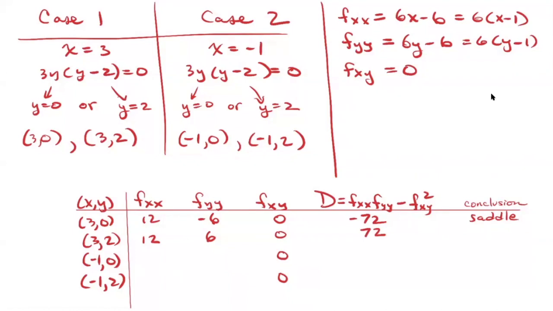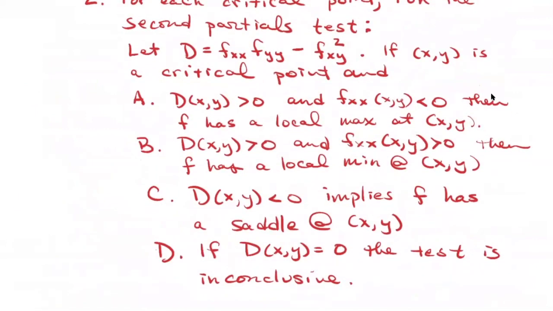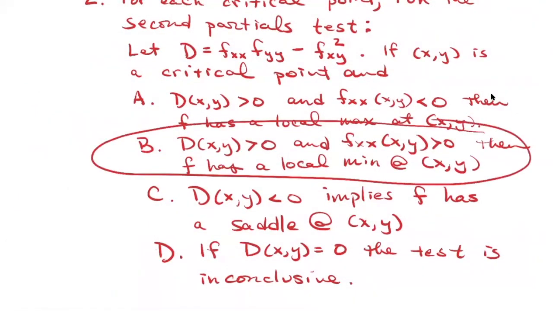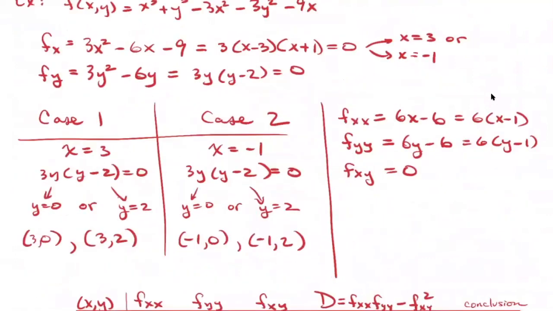So fxx is positive and d is positive. So going back to the test, that's this case here. Both of them are positive, so that's a local min. And that's our conclusion for this one.